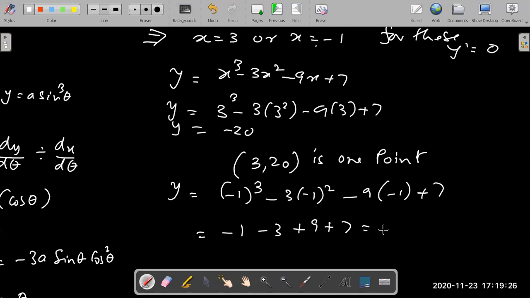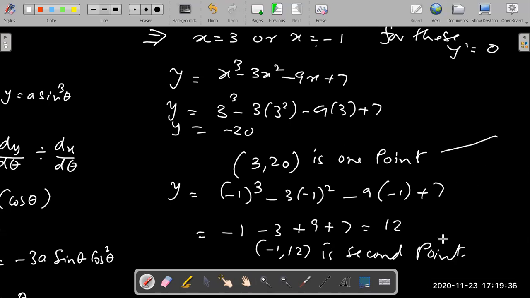So 16 minus 4 is 12. So the second point is minus 1 comma 12. That's it. We found 2 points. This is one part of the answer, and the other is the other part of the answer. So in this kind of question, we need to find the y coordinate also. It's not just the x value.